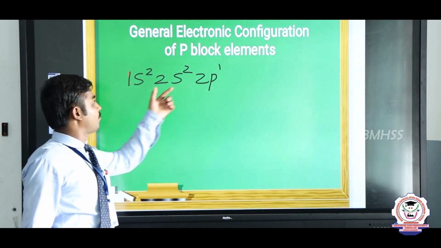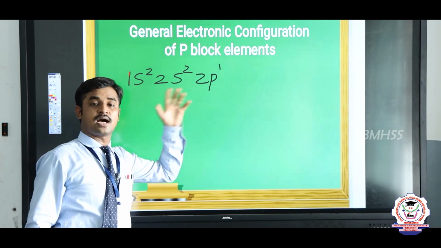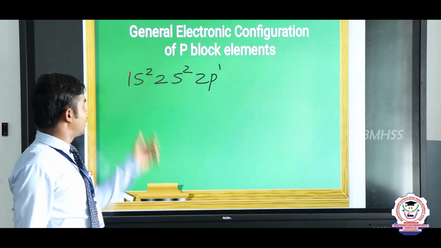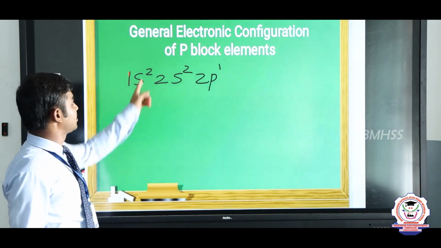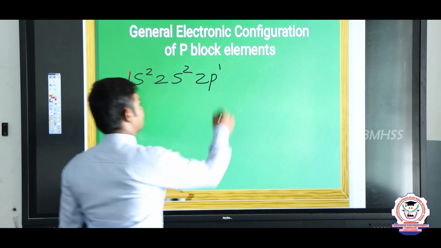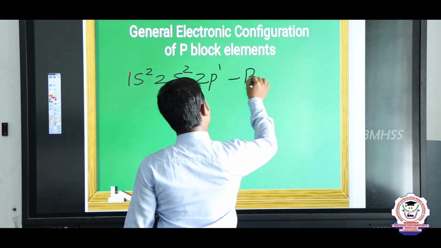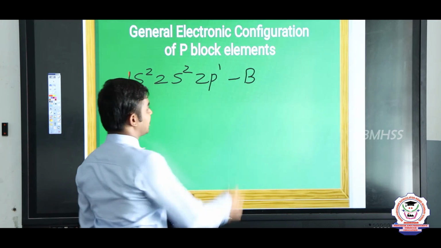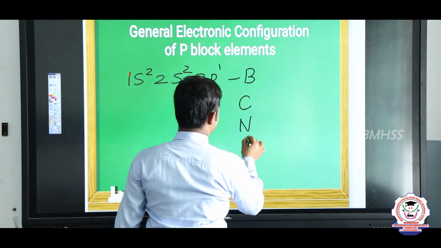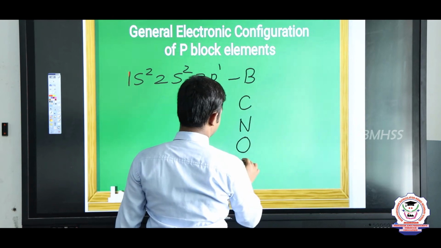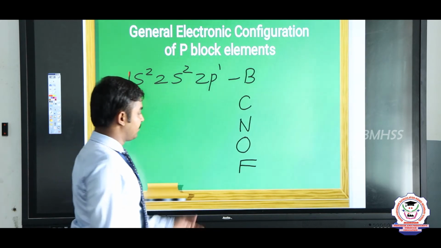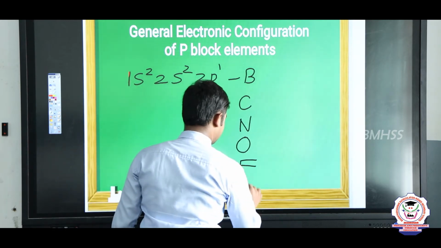This is the first atom that has its first electron in the p orbital. Its atomic number is 2 plus 2 plus 1, which is 5. Yes, the element with atomic number 5 is boron, and the next element is carbon, then nitrogen, then oxygen, then fluorine, and finally neon.